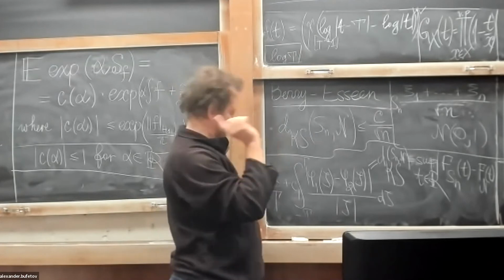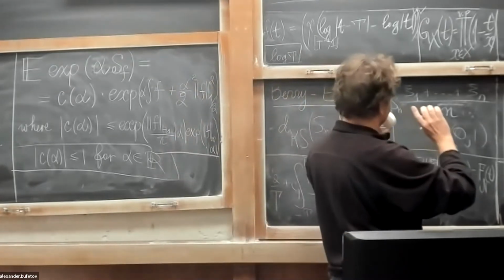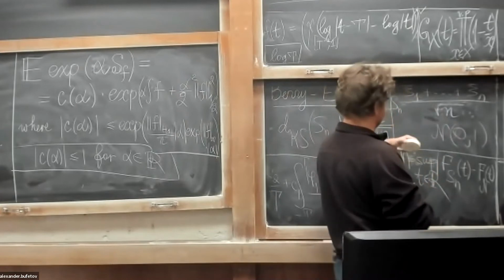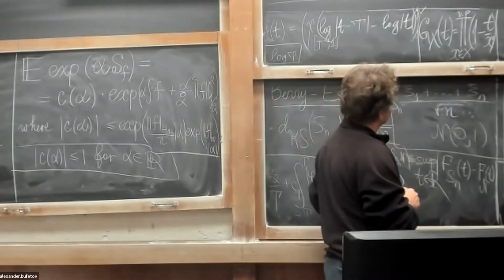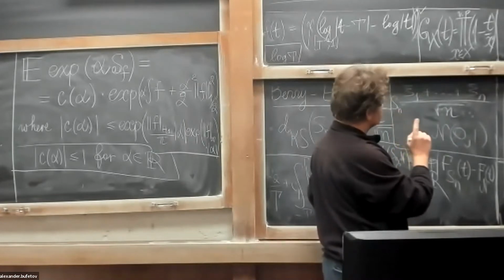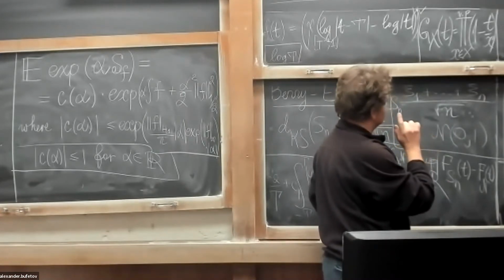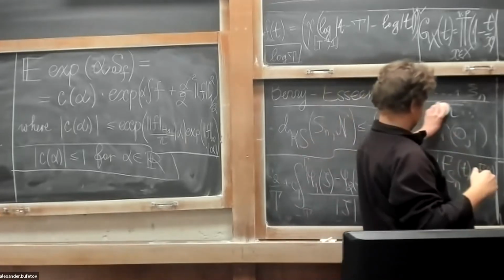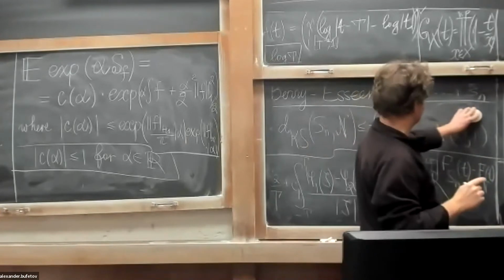Excuse me, I take it back. So of course, for the distance it doesn't make a difference, but for what I'm about to say, it does make a difference. So let me not divide. You will see why it is important for me.